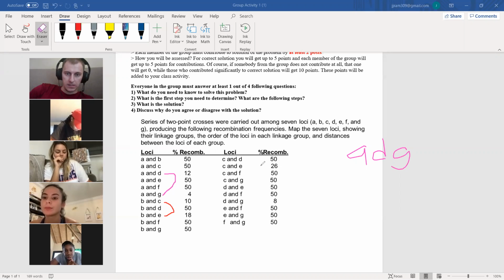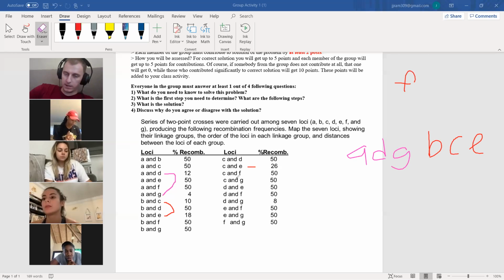C and E is another one. Also F is its own linkage group, because everything it's paired with is 50, but it's still a locus. So our second linkage group is going to be B, C, and E, and F is a loner by himself, so we can ignore F for the time being.